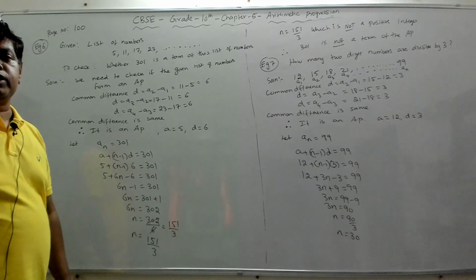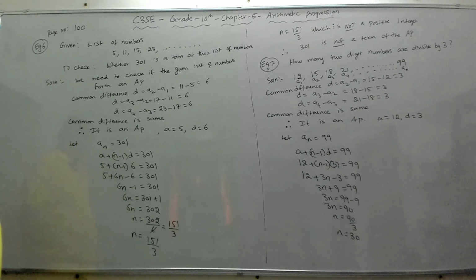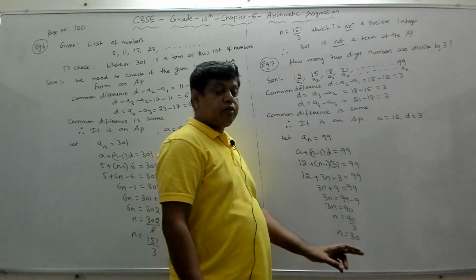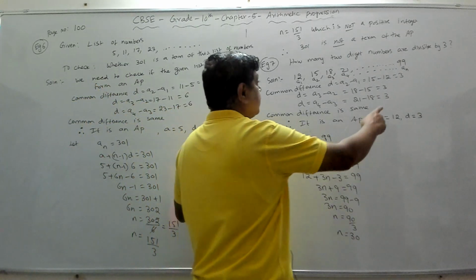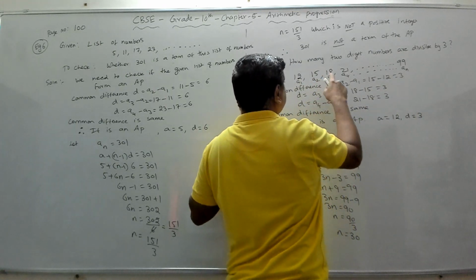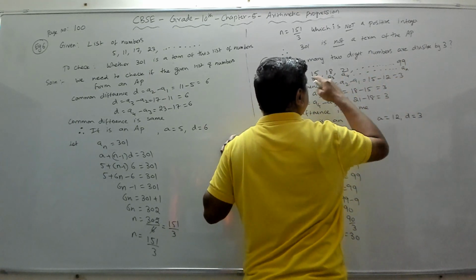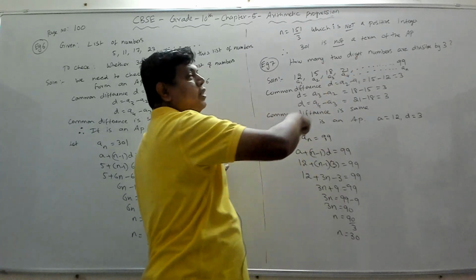Your n is equal to 30, which means there are 30 two-digit numbers that are divisible by 3. So this will become A30. A30 means 1, 2, 3, 4, like that. If I count, there are 30 two-digit numbers which are divisible by 3.